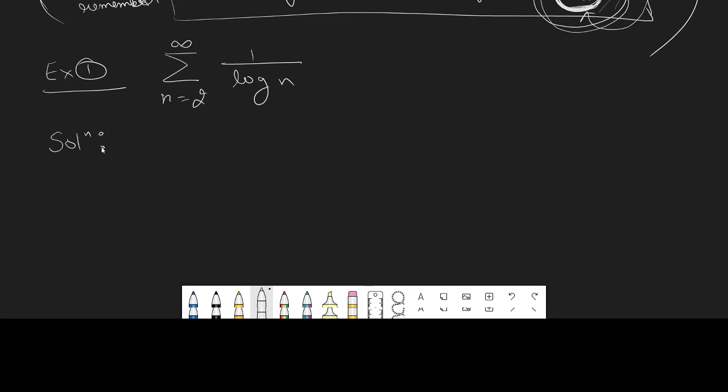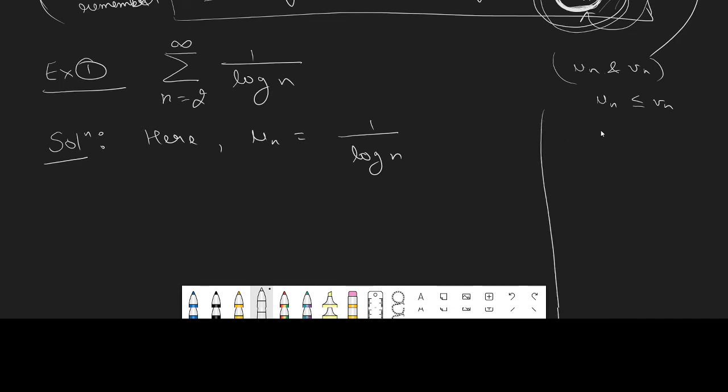So first, to apply the comparison test, we should have two series un and vn. Then only we can use this test, right? So here we let un equal 1 by log n. Now we need to find the vn because un is less than or equal to vn.